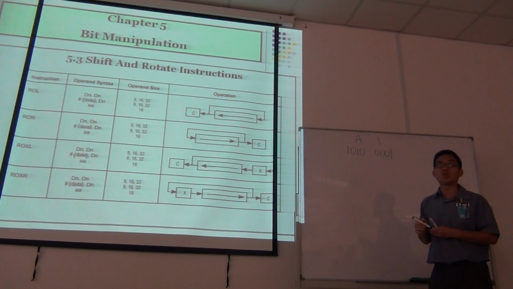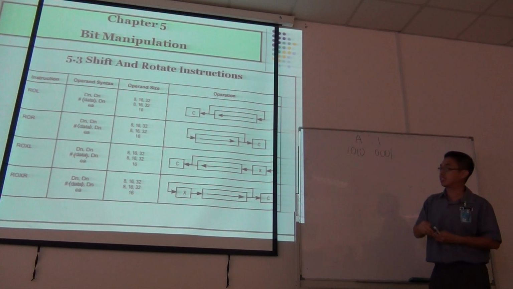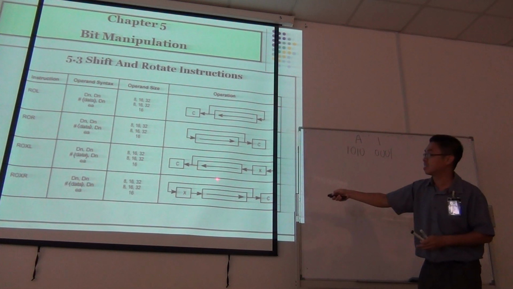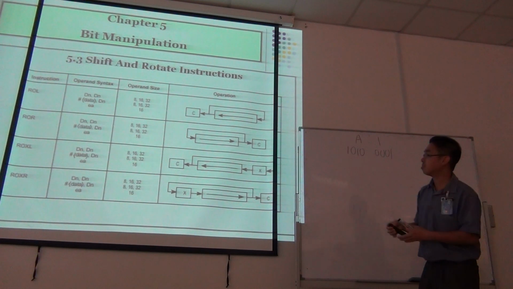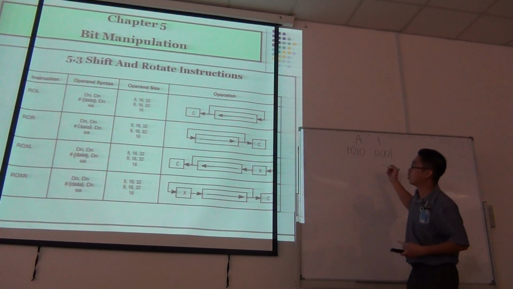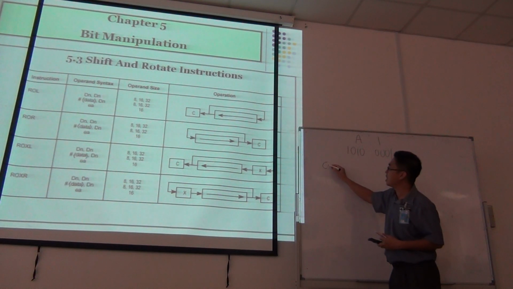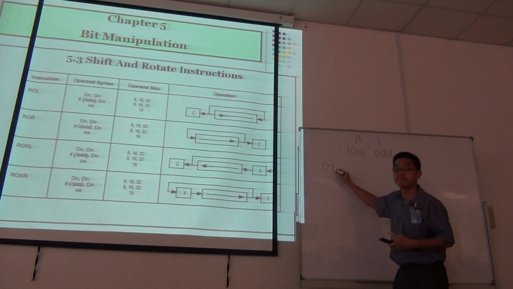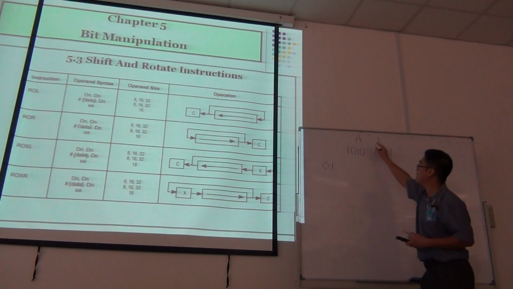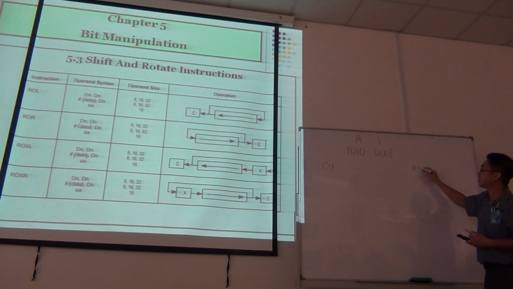So you are going to rotate the first one to x. You are pushing here like this. This one will be copied over to C. C is equivalent to 1. 1 is equivalent to x.